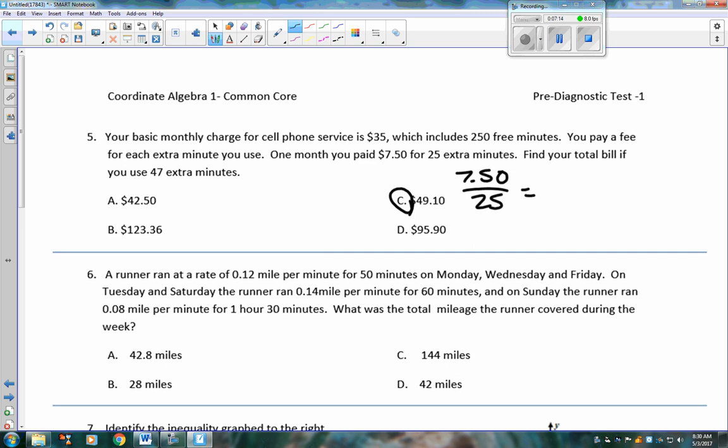I got 0.3. Alright, so it costs me that much for each extra minute. But we're looking for how much it costs for 47 extra minutes. So I'm going to multiply this number by 47. I have an original fee of 35, so I have to add that to 35.